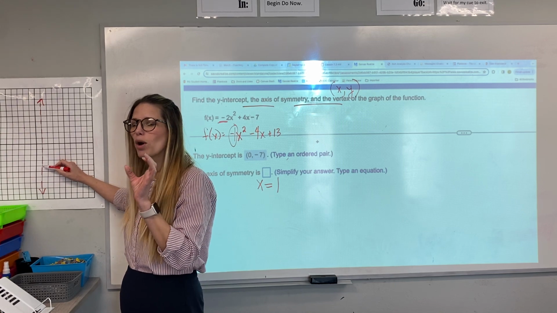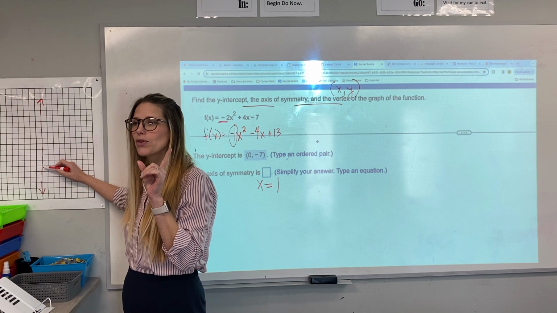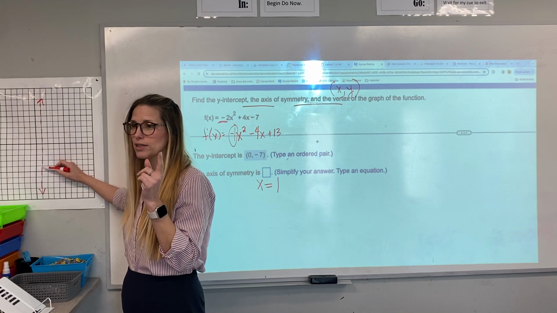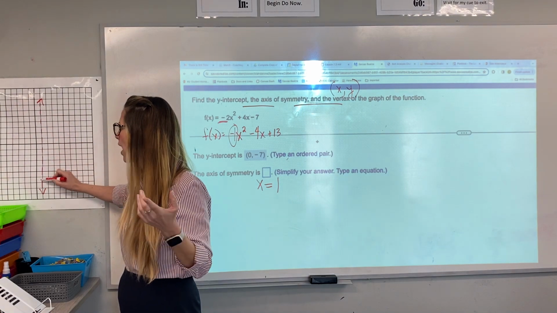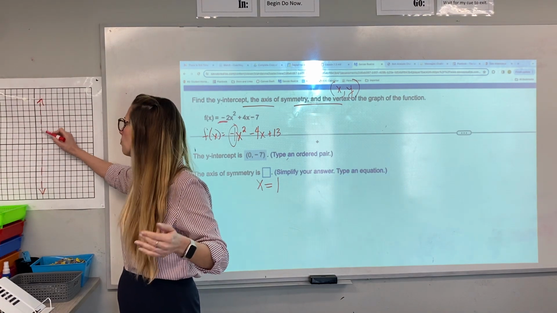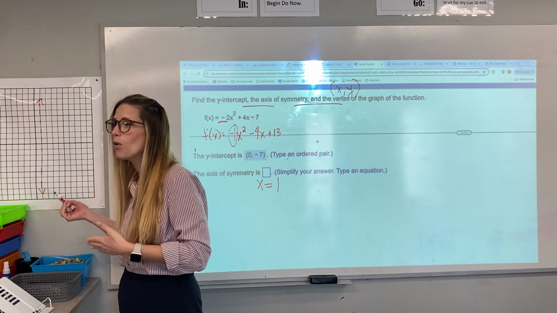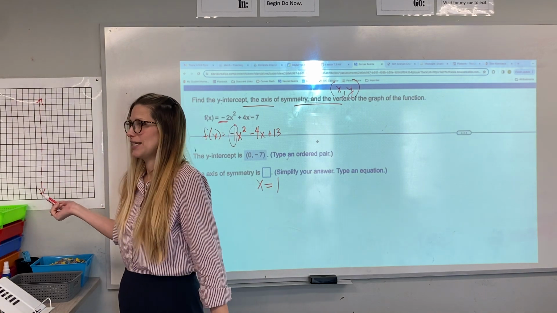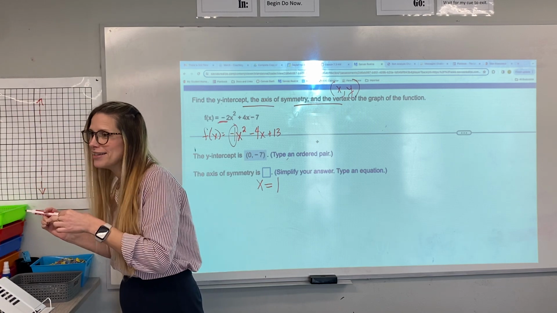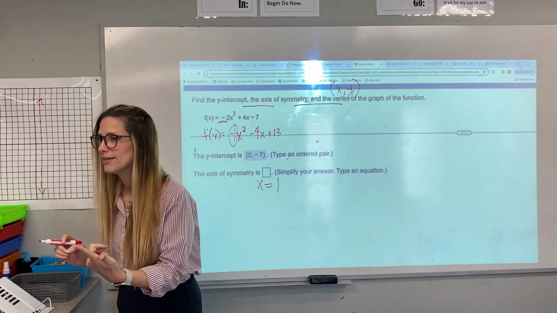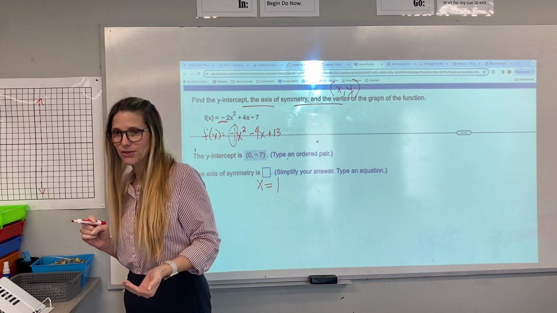We know the x coordinate is 1. Whatever point it is, the y value could be anything, but the x value has to be 1 because the axis of symmetry is x equals 1, so use 1 as your x value.